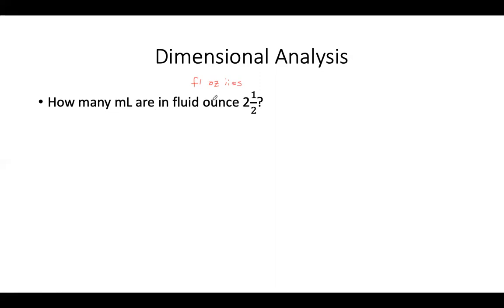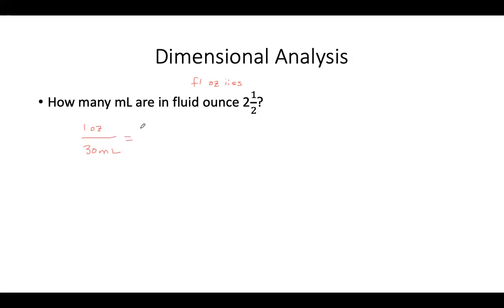We're used to setting up conversions by placing the known conversion factor on the left side of the equation, and the unknown on the right. So for example, normally when we're using ratios to solve something like this, we would put our known, which is 1 ounce is equal to 30 milliliters, on the left and our unknown on the right.